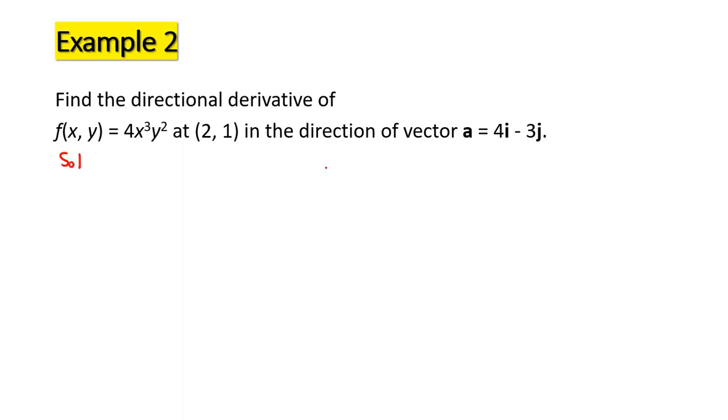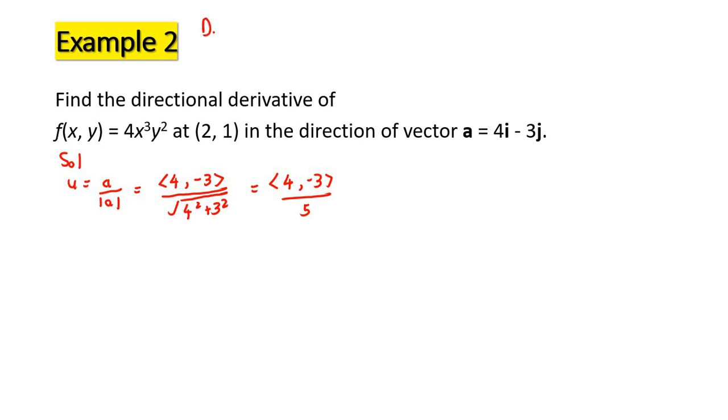So example 2 has an additional step, where u is the vector a divided by the magnitude of a. The magnitude of 4i minus 3j is the square root of 4 squared plus 3 squared, which is 5, so u is (4i minus 3j) divided by 5. So example 2 needs one additional method to find the unit vector.